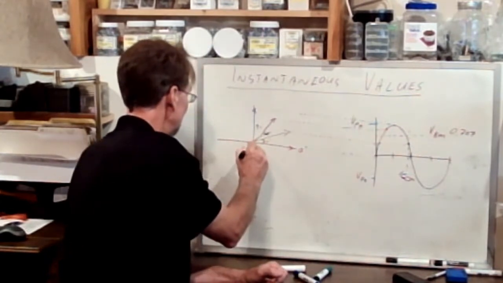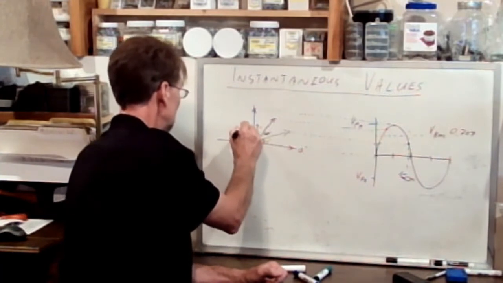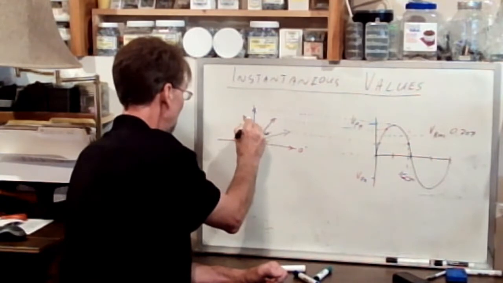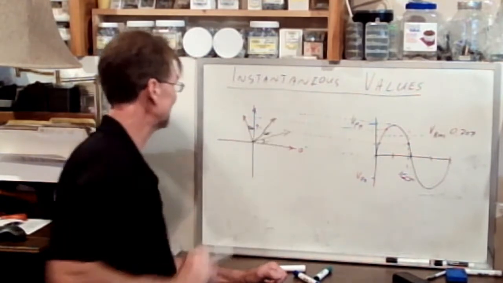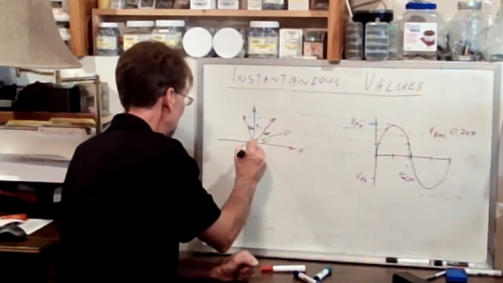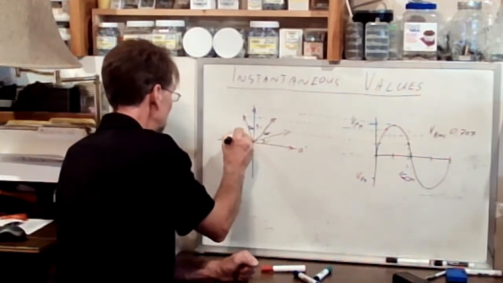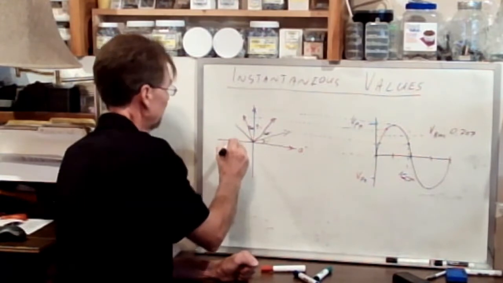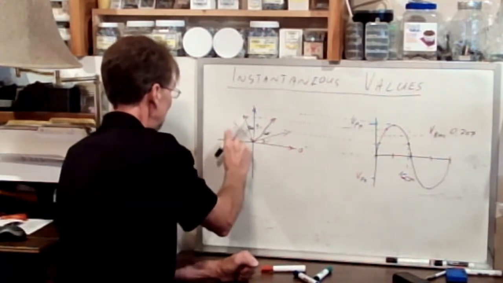Let's go from 90 degrees. If this is 120 degrees, we are back to that same level that we're at 60 degrees. And we move on to, where do I need to be? Sorry, that's not quite right.